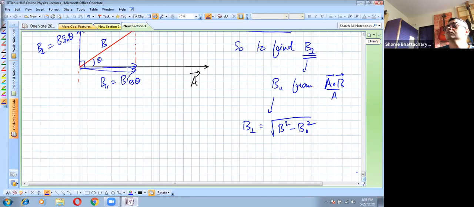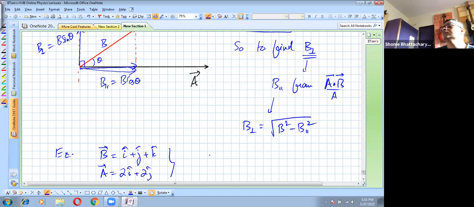For example, in the previous question, the vector B was i cap plus j cap plus k cap, and the vector A was 2i cap plus 2j cap. We saw that B's parallel component had come out to be √2, and the magnitude of B was √3. So B's perpendicular component is just square root of 3 minus 2.